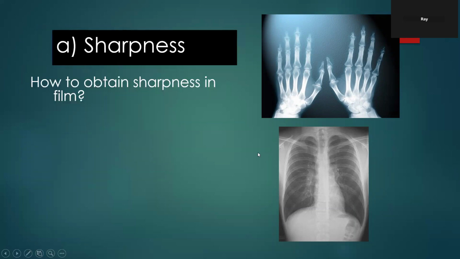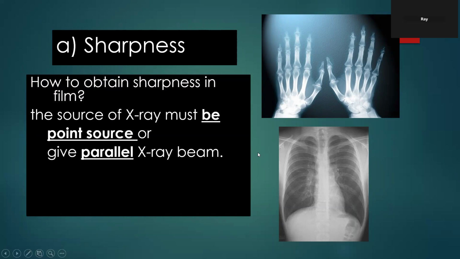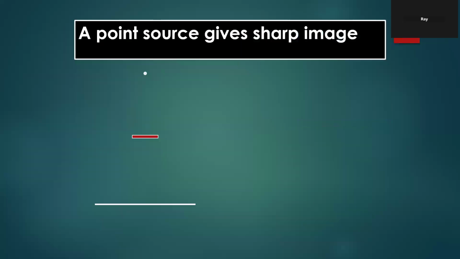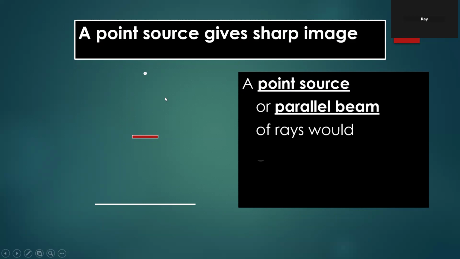How to obtain sharpness in film? The source of X-ray must be a point source or give a parallel X-ray beam. That's important. If you want a sharp image, the source must be a point source and give a parallel X-ray beam. That's a point source of X-ray, or a parallel beam which gives a full shadow.